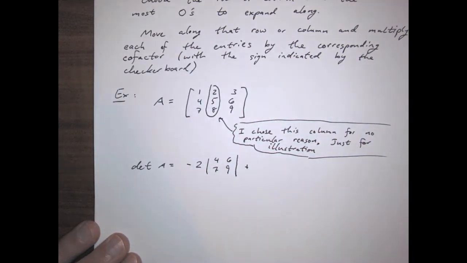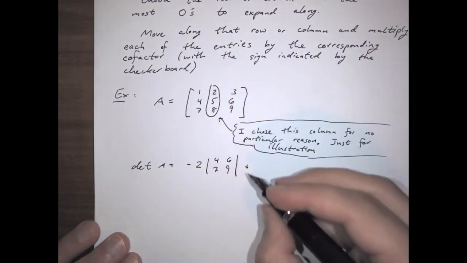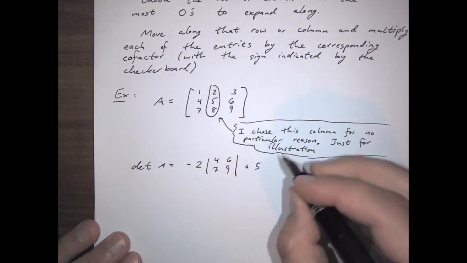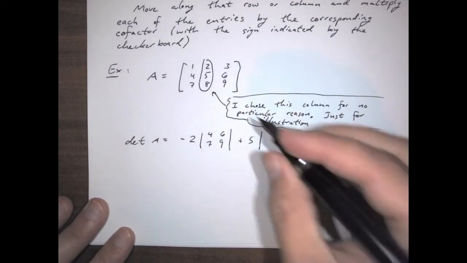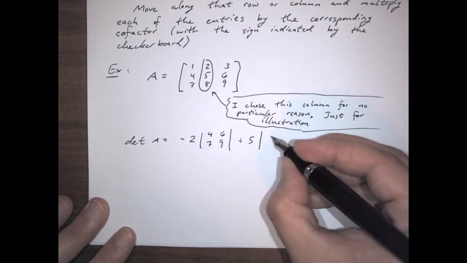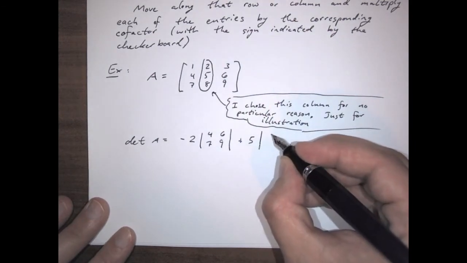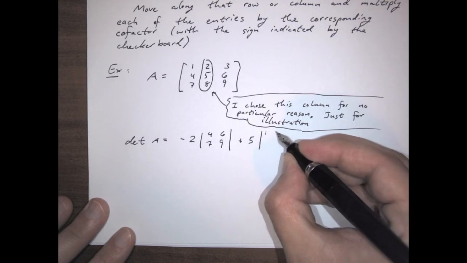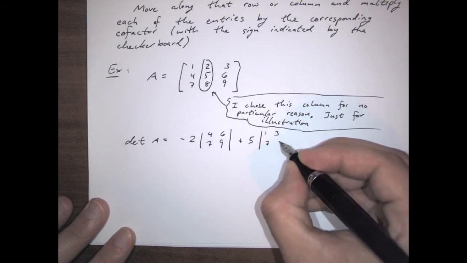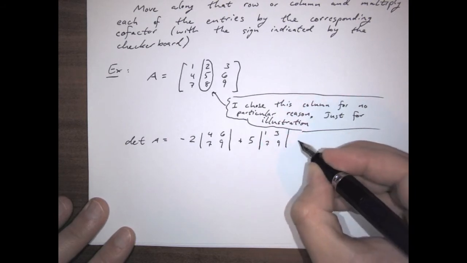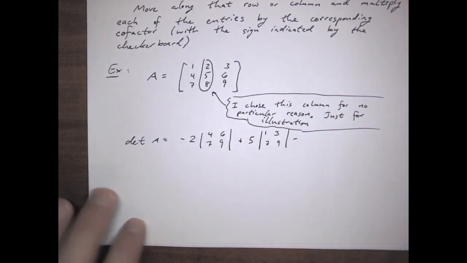And then we have, according to the checkerboard, a plus. That's going to be 5 times 1. So now I'm removing row 2, column 2. So it's going to be 1, 3, 7, 9. And then minus again, according to the checkerboard.